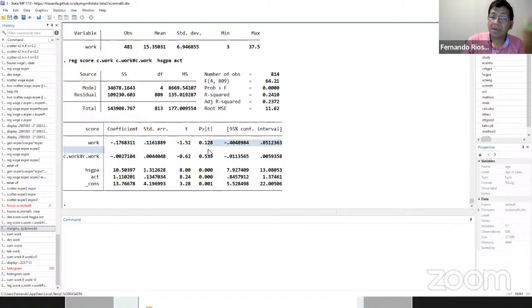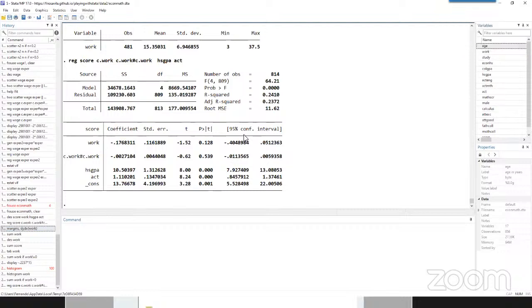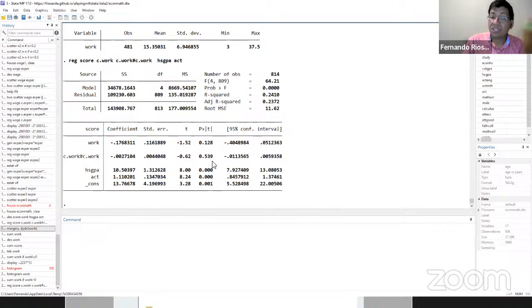Usually you just look at the p-values, the t-statistics, or the confidence intervals, correct? Yes. And according to the single t-statistics or single p-values, work and work squared are not statistically significant. So if you just look into this single t or this single p, you will conclude work has no impact on the student's performance.